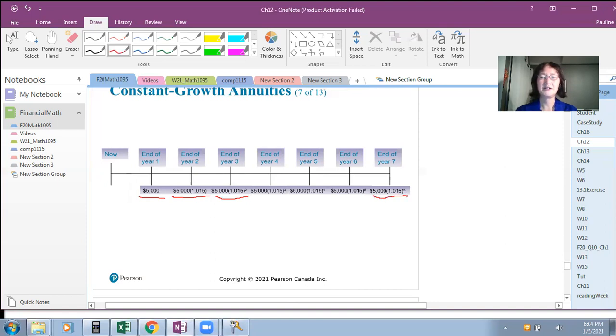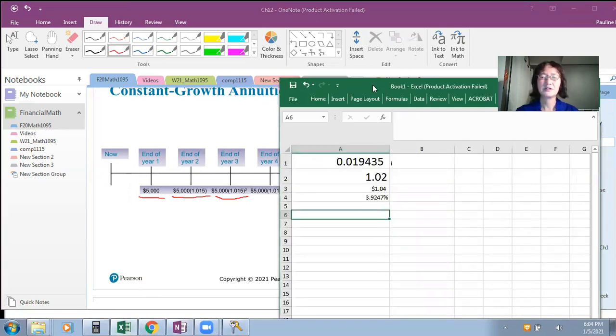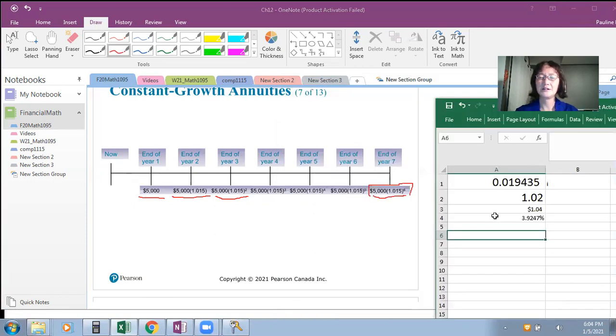So the first question, what is the last deposit? The last deposit is this one here. What exactly is this number? You can use a calculator or use Excel to do the calculation.